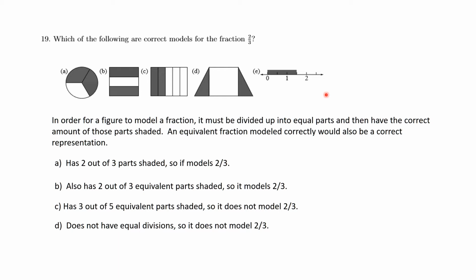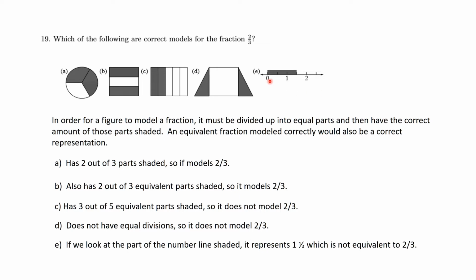It may look like 2/3, but I can't assume that it is. And then finally, on the number line, I'm going over 1.5. Okay, 1.5 is 3 halves, not 2/3. So A and B are the only correct answers.